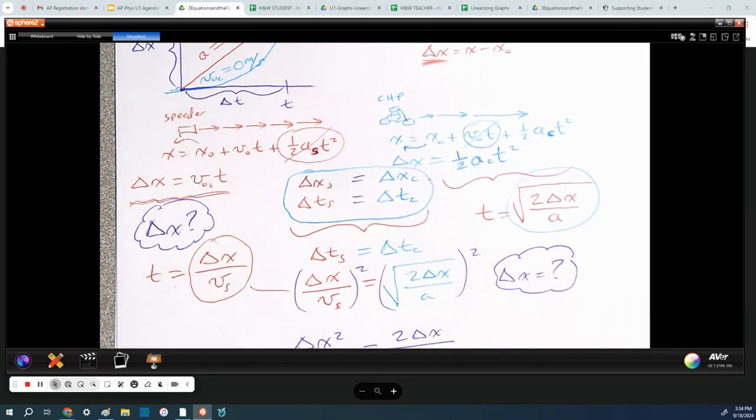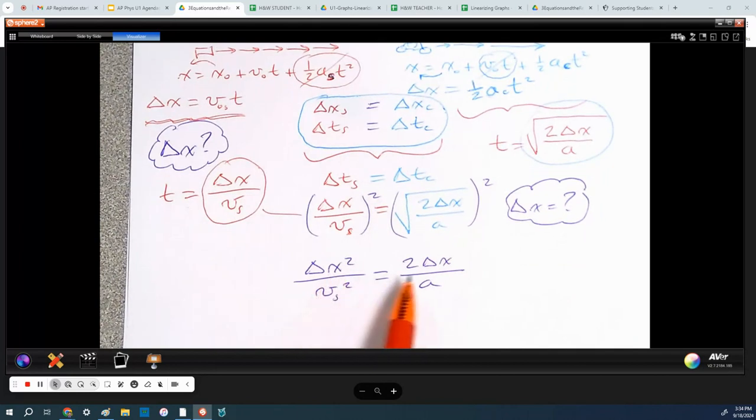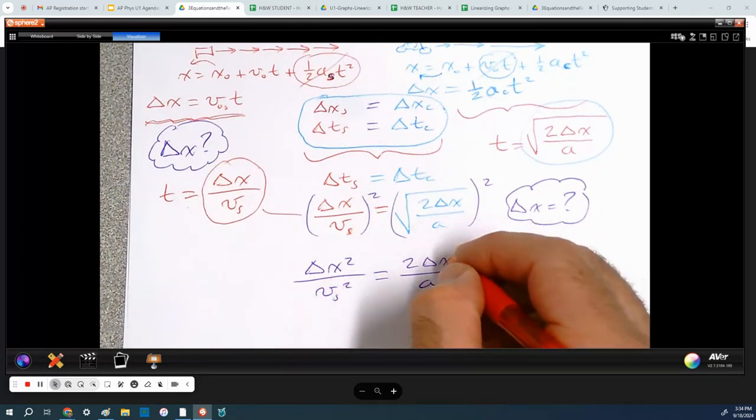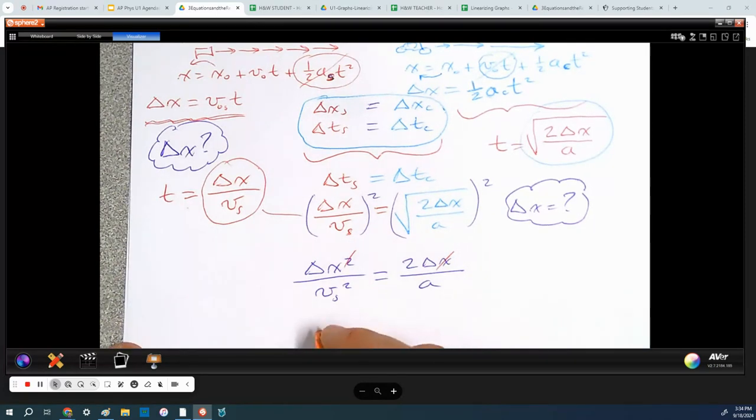Okay, now a little process. I'm trying to get x. Now, if there's 1x on this side and 2x's on this side, I can literally just cancel 1x on this side and cancel 1x on that side. So I'm going to get delta x over v of the speeder squared equals 2 over a.